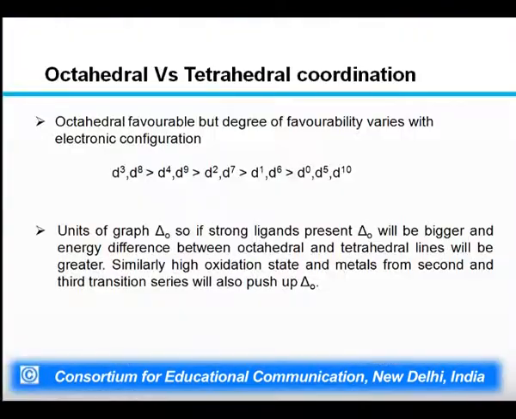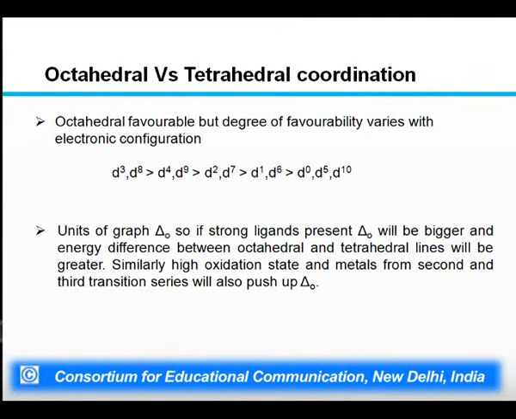The favorability variation with electronic configuration, as I told you earlier, is d3, d8, then we have d4, d9, d2, d7, then comes d1, d6, and for d0, d5 and d10 cases, the CFSE is 0 in both the cases, be it octahedral or be it tetrahedral. So, therefore, it does not matter for those particular configurations.